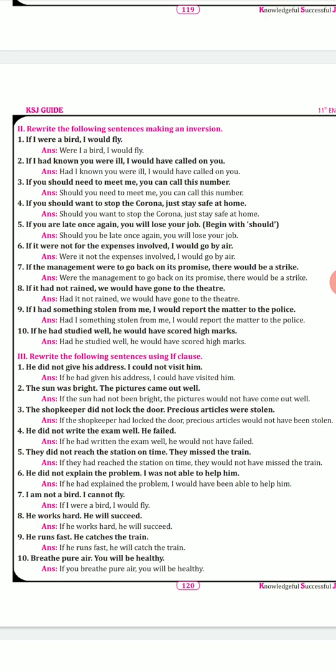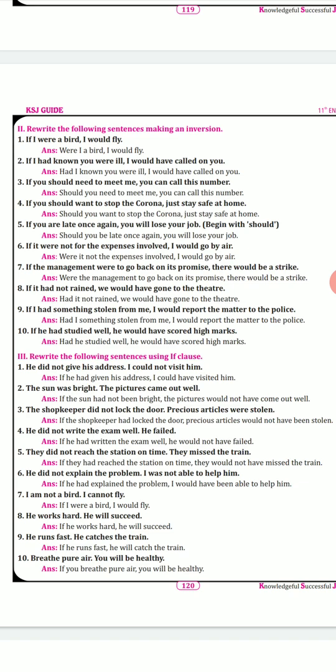So without using if we can write conditional clause sentences by removing if, and also we have to change the position of the verb, especially before the subject. So the answer is, were I a bird I would fly. This is also a conditional clause sentence but without if.